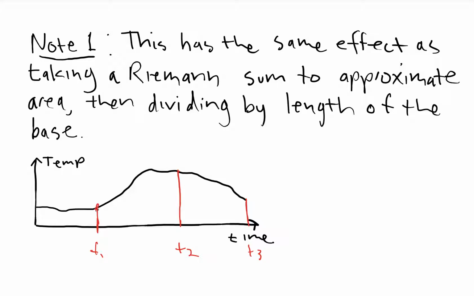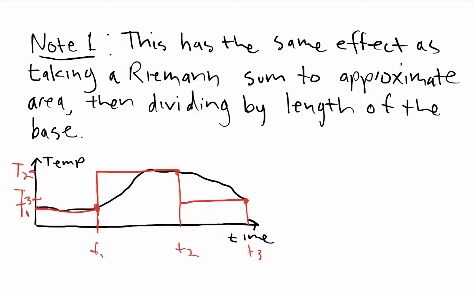And once I plugged time 1 in, I got some sort of height capital T1. If I plugged time 2 in, I got some sort of height capital T2. And if I plugged time 3 in, I got some sort of height capital T3.